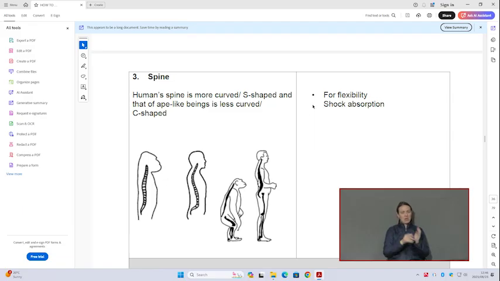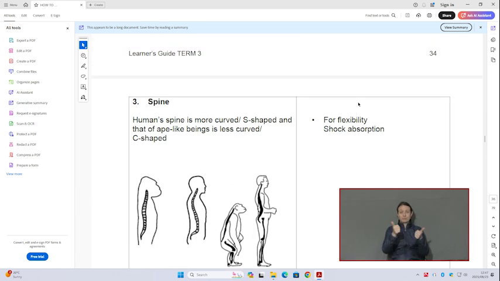It allows flexibility and shock absorption. It is S-shaped, so when you land on the ground, that S-shape is there to absorb the shock. So you must also know the significance of the shape of the spine.